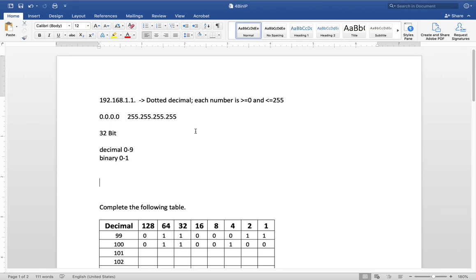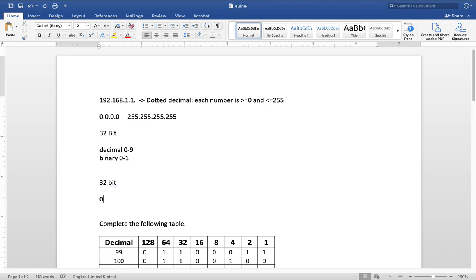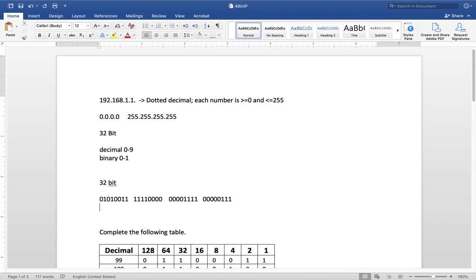So an IP address is basically a 32-bit binary number. Okay, so if I write this, let's say 1 2 3 4 5 6 7 8. So this looks like a valid IP address.